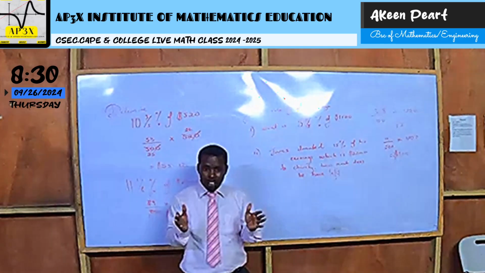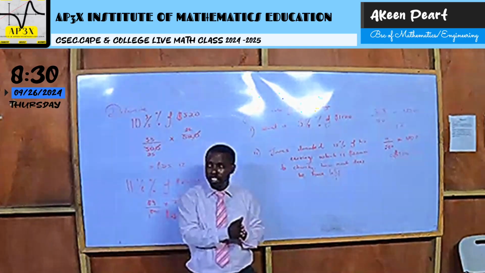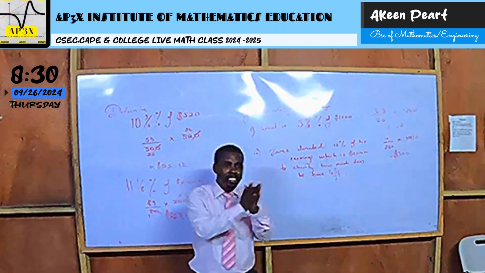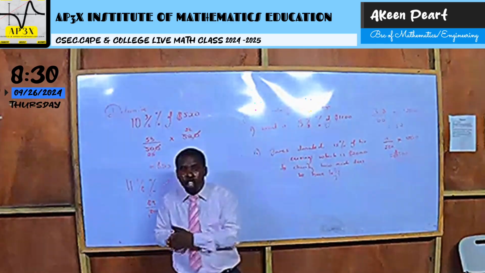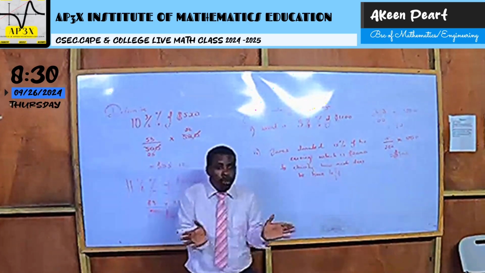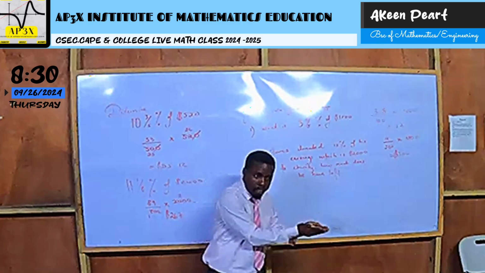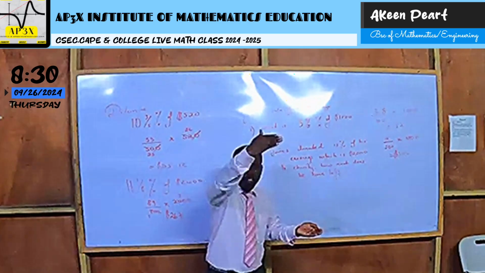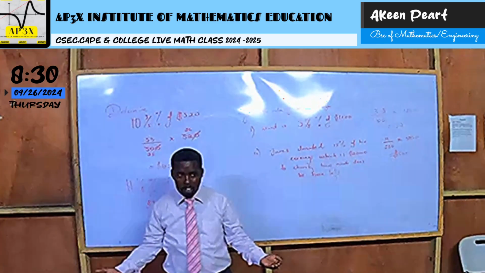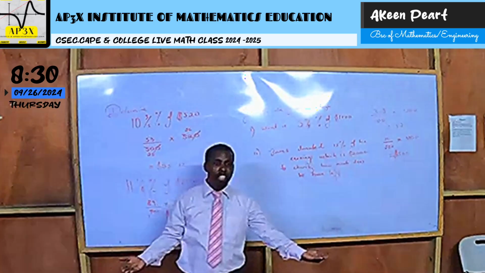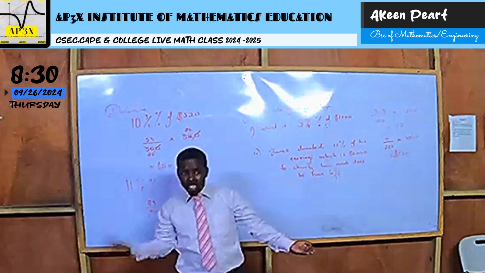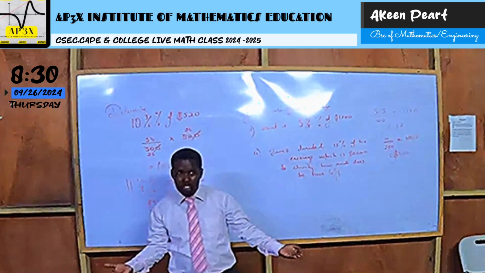Now, 10 questions, you got 7 of them right, so you're trying to express 7 as a percentage of 10. That's what we mean by expressing one quantity as a percentage of another quantity. You're trying to express the 7 you got right as a percentage of the 10 questions. That's what we mean by that.